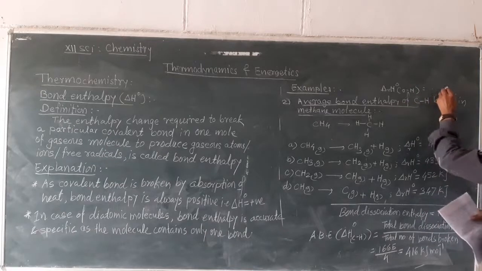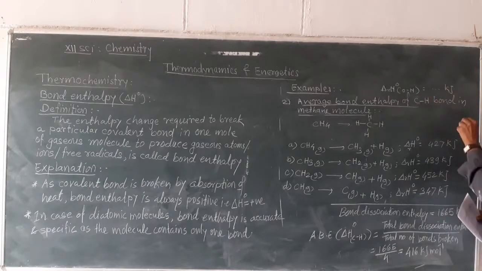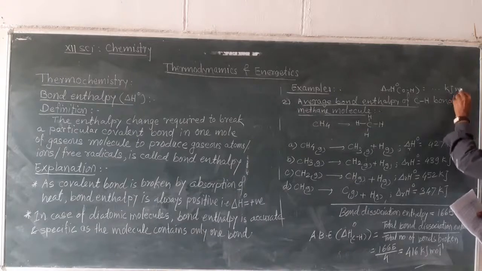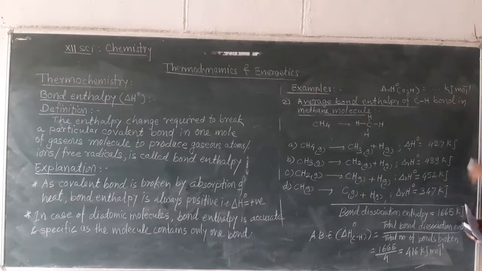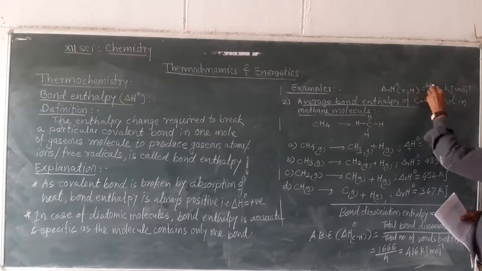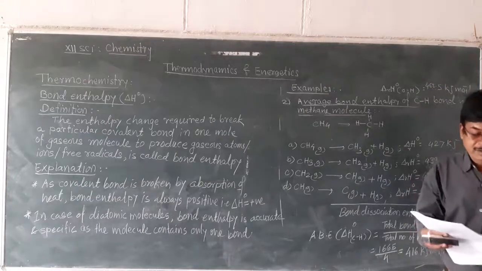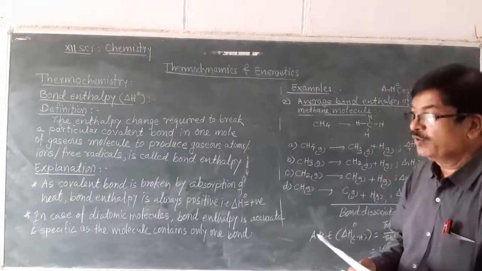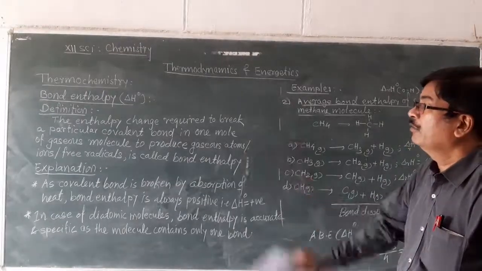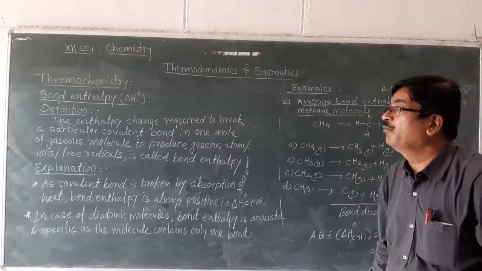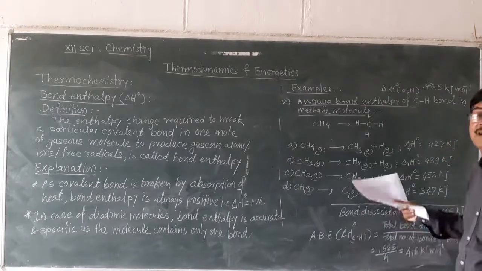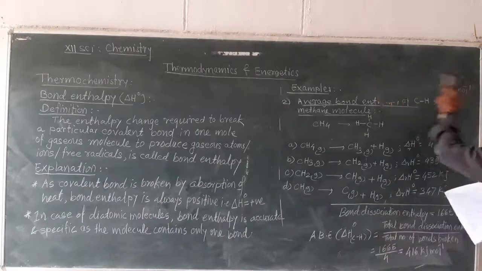Mistakenly, I have given the unit only as kilojoules, but it is actually kilojoules per mole, 463.5. In this way, we can define and explain bond enthalpy as well as average bond enthalpy.